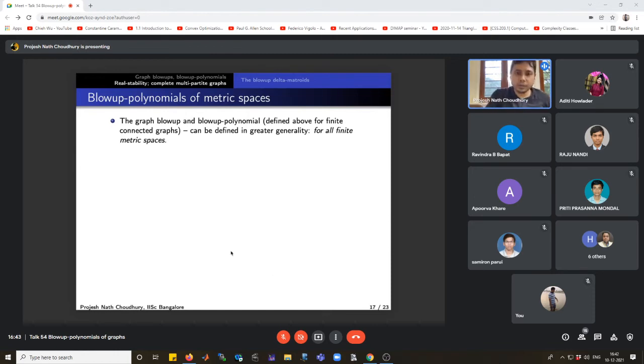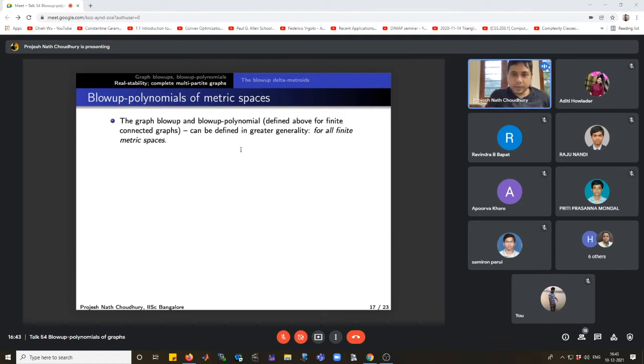The graph blow-up and blow-up polynomial, which we talked about so far, were defined for finite connected graphs.